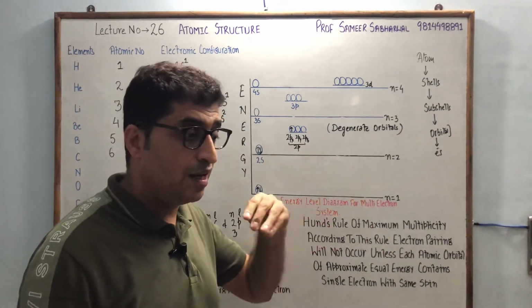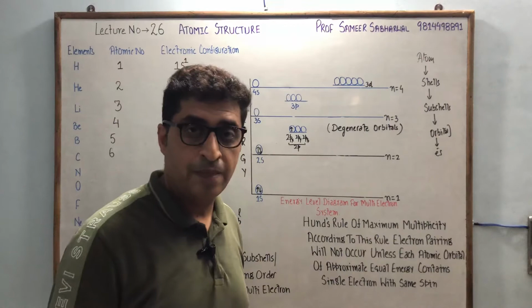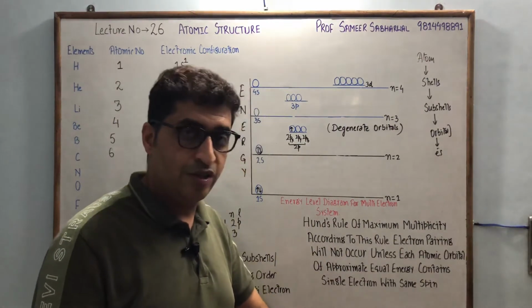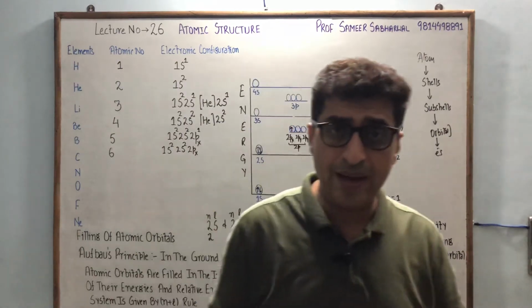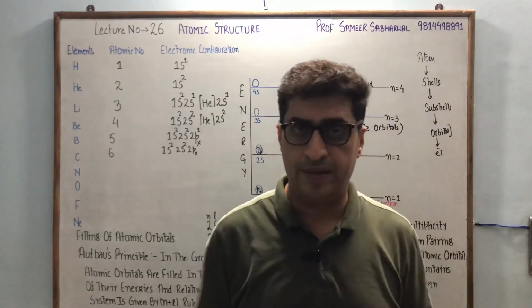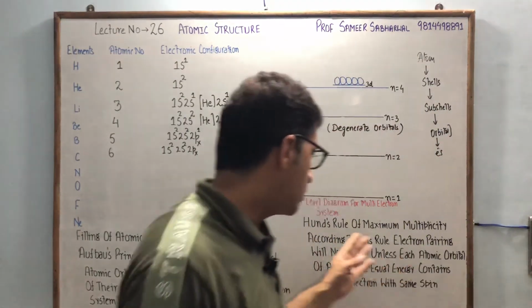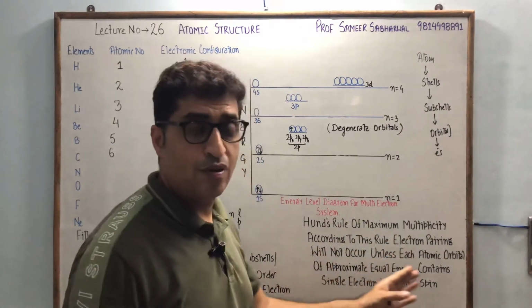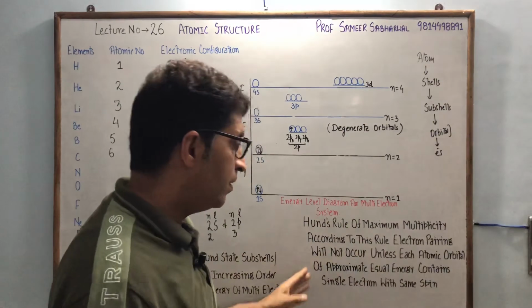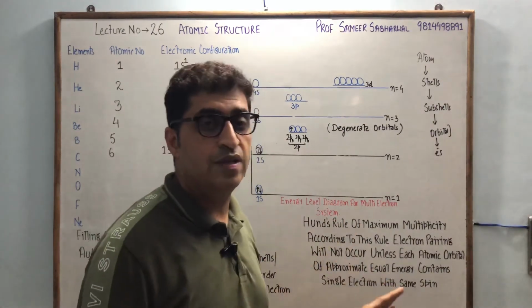This is again an energy consideration. All of them have the same energy, so assign 1 electron to each orbital, and then do the pairing. So according to this rule, electron pairing will not occur unless each atomic orbital of approximately the same energy contains a single electron with the same spin.